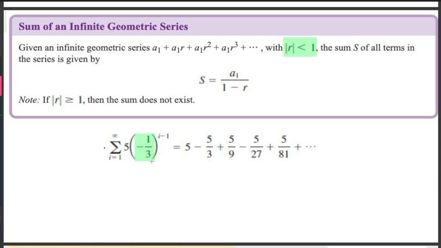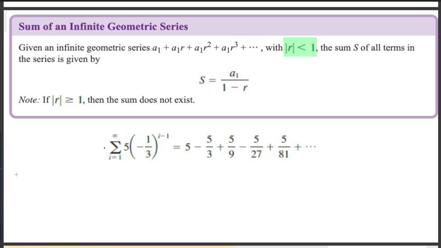If the absolute value of that common ratio was not less than 1, that means that my terms would be continuing to grow from one to the next. So as I add the next term and the next term after that, the sum will continue to grow.